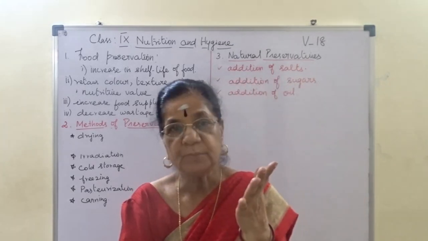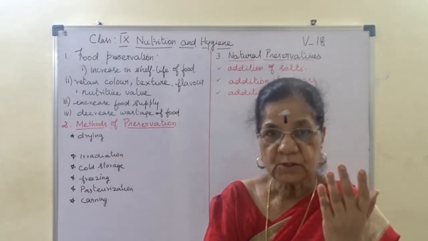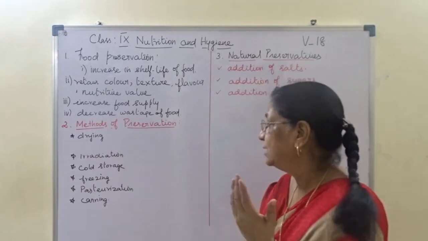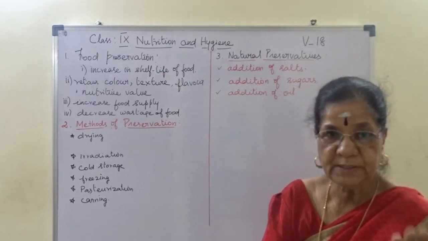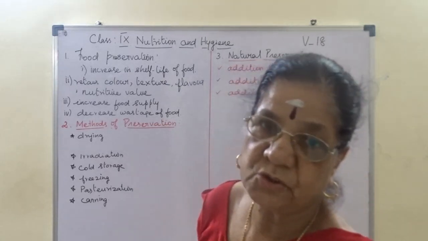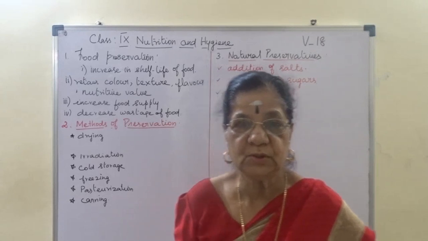But it should not be. So these items are called perishable items, and those perishable items should be kept in a cold storage. I hope you are able to follow this.